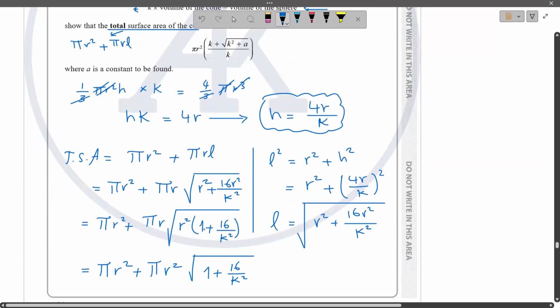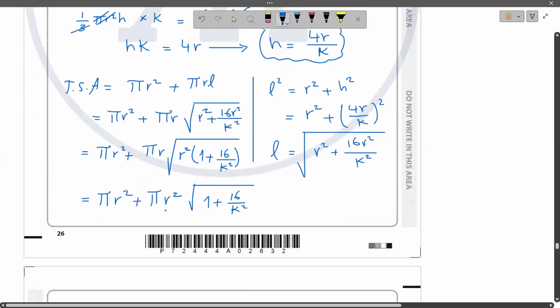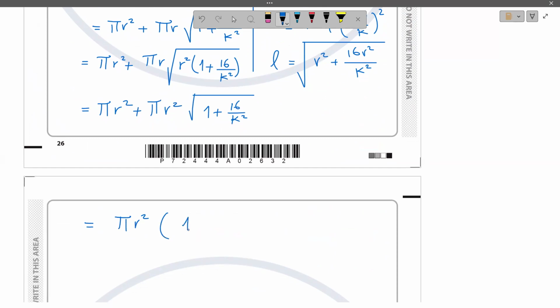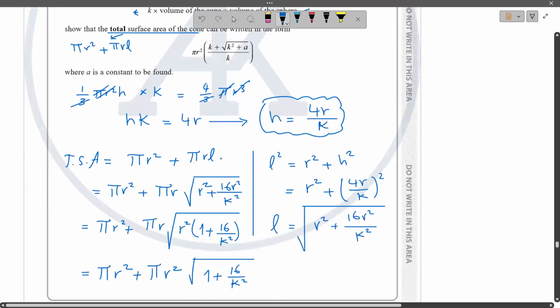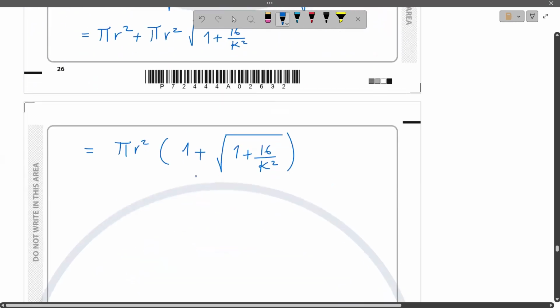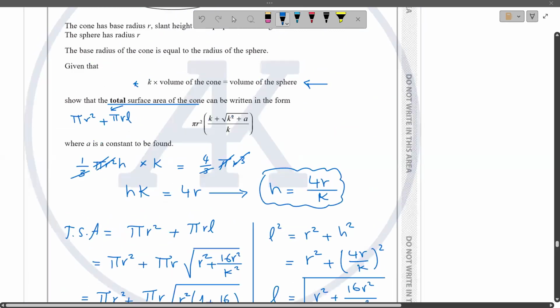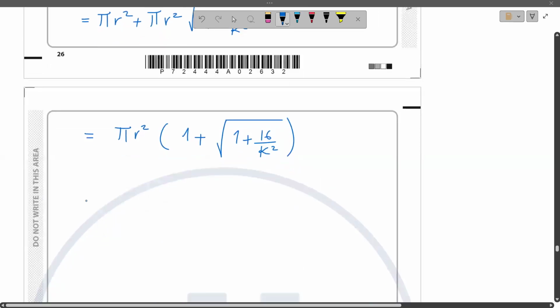Okay, so now it's closer to this. Let's check it. So it's pi r squared as a common factor, and 1 plus the square root of 1 plus 16 over k squared. Then inside the square root, we can simplify this fraction and write it as one fraction with a common denominator.